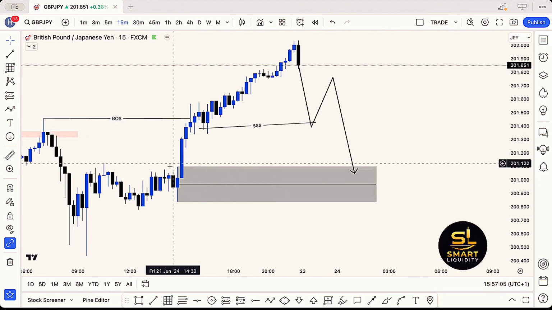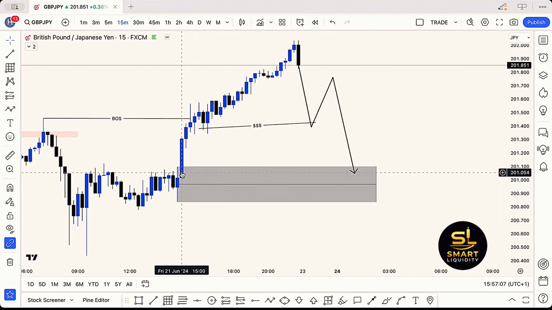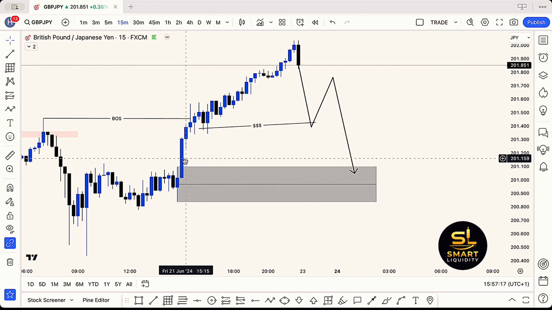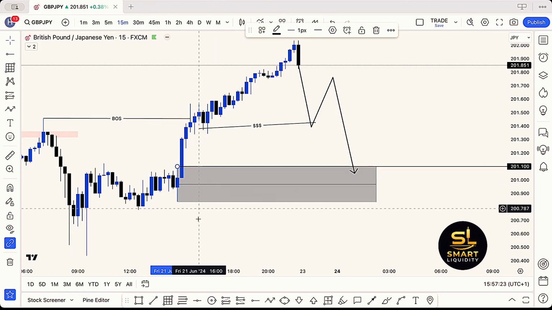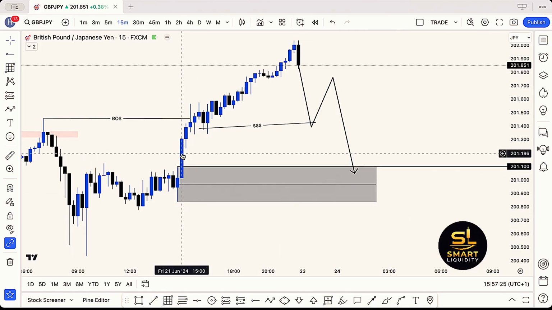Now, the next question is, where is my imbalance? If you check very close to our order block candlestick, you can see where this particular candlestick closed. This one opened, we got another open to the upside. From the line where this one closed, this long candlestick pushed up and closed here.